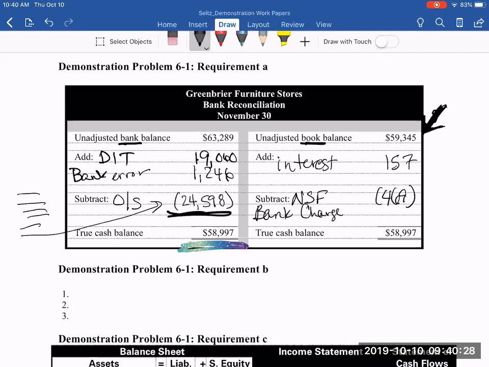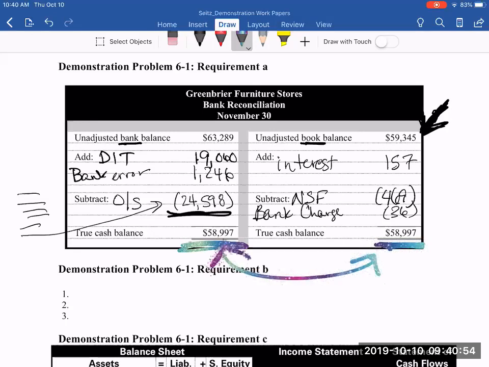This is for the checks, but sometimes banks charge you to even use their services. And so that would go there. That would be a subtraction that you would have not already had right here in your book balance. So the $59,345 plus the interest of $157, subtract out the NSF check that was bad, subtract out the bank charge, you're going to come up here with a true cash balance of $58,997.